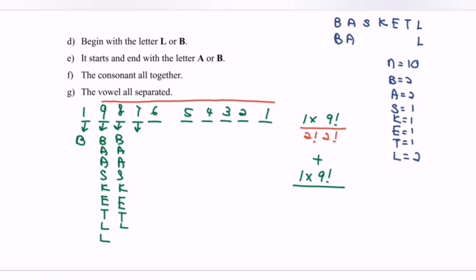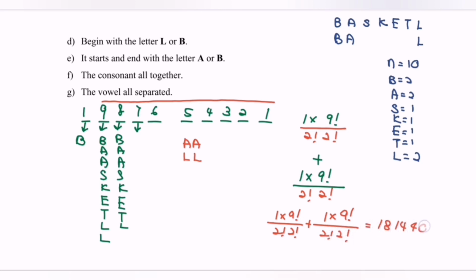So this time, we will have the repeated A and the repeated L. So we have 2 factorial multiplied with another 2 factorial for A and L. So kindly sum up the situation and we will have 181440 as the answer for question D.